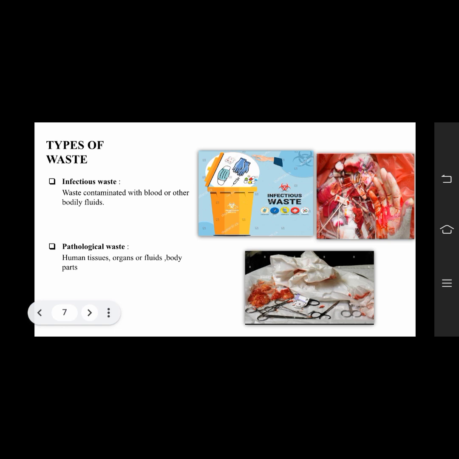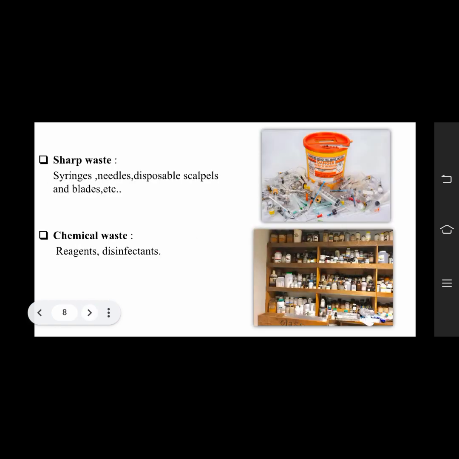Now, when we talk about sharp waste and chemical waste, sharp waste includes all those needles, scalpels, lancets, blades, and suturing needles, which are included in this category.